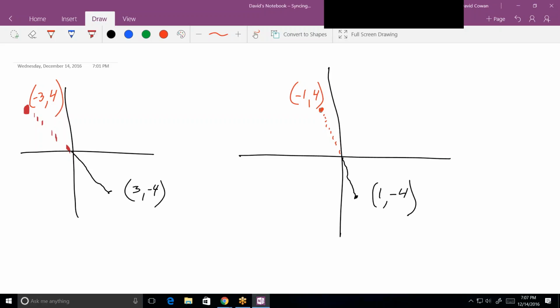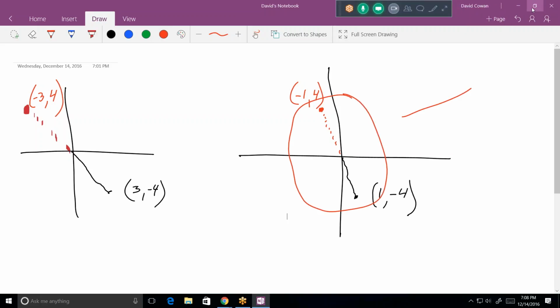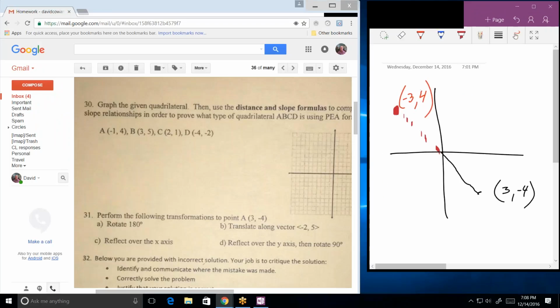Whatever mistake I was making before, I can't make with this picture. So if you ever forget, just steepen the slope and it'll get you back to the correct answer.